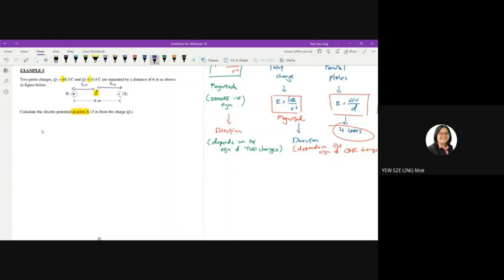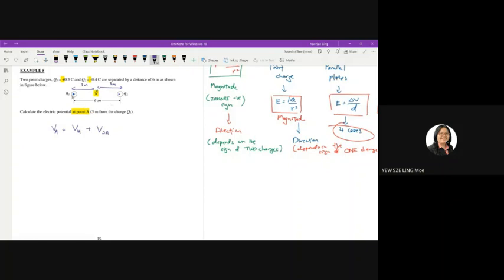All right, now let's see. You want to calculate the potential at point A. VA equals, you have two charges, Q1 and Q2, so calculate the potential from charge 1 first, V1A, and then plus V2A. So potential from 1 and potential from 2.